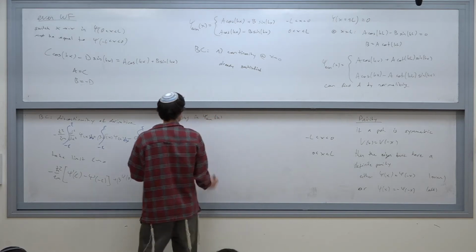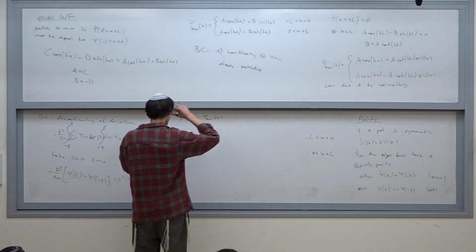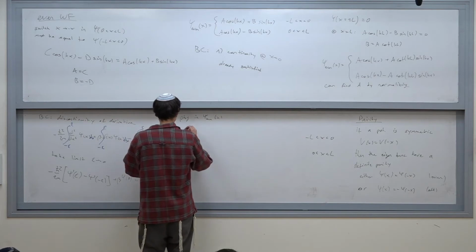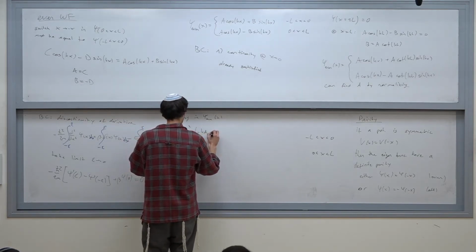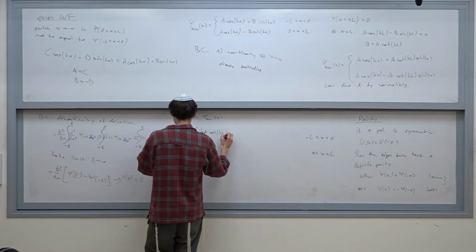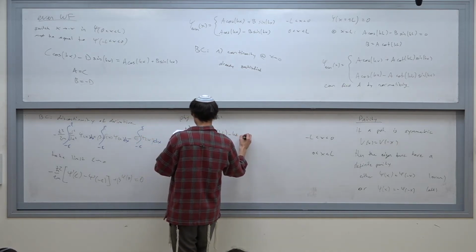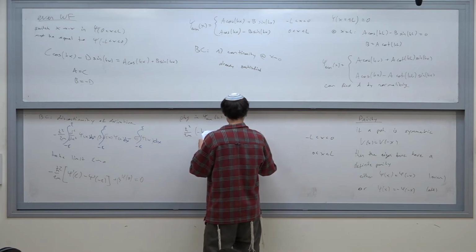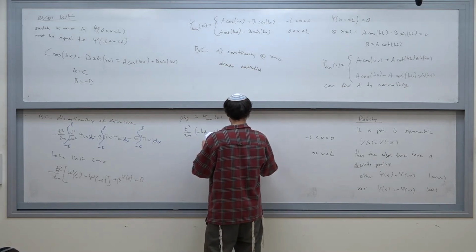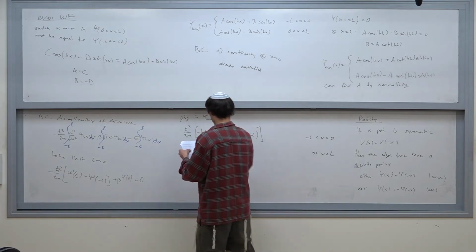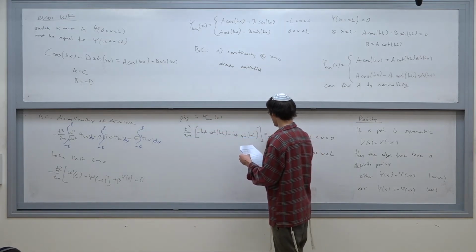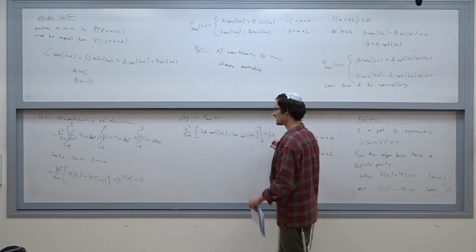So when I plug in the even wave function, I'll get h bar squared over 2m times minus ka cotangent kl minus ka cotangent kl equals beta times a.